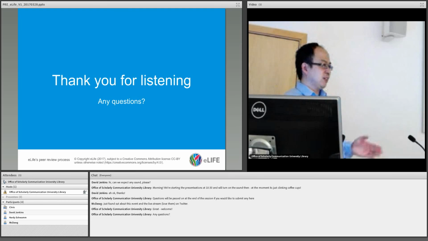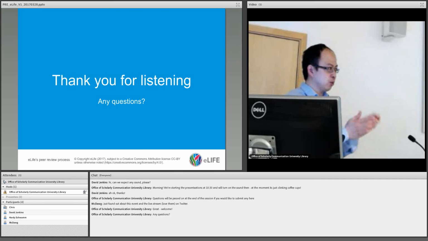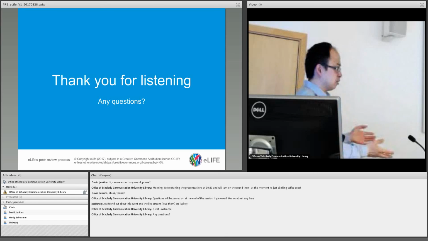In terms of the training, we do have an onboarding call. They also get guidance from senior editors. There's always a senior editor guiding them in the beginning, and staff are supporting them. So we're trying to ensure that everyone has the same way of doing things. They understand how the peer review process works.